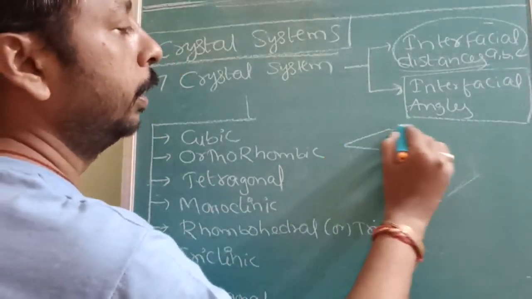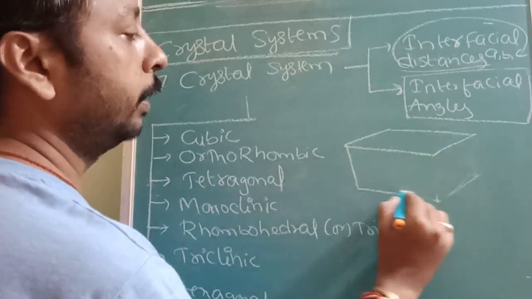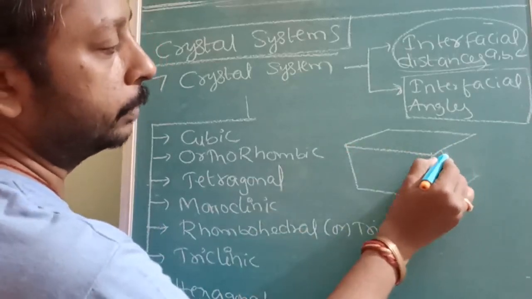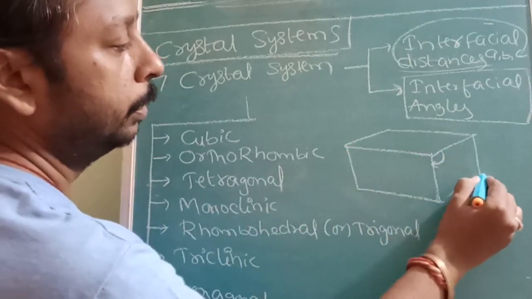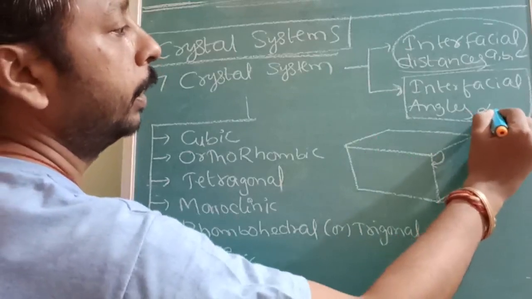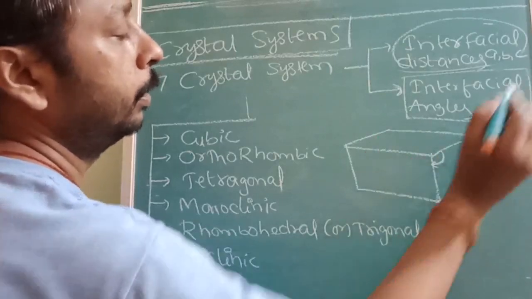Now let us take interfacial angles. This is one face, this is another face. This angle is called an interfacial angle. There will be 3 angles: alpha, beta and gamma.